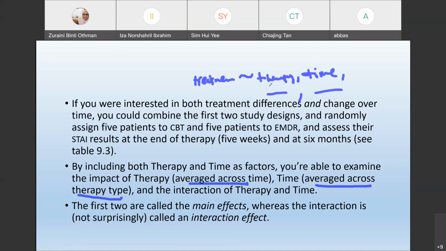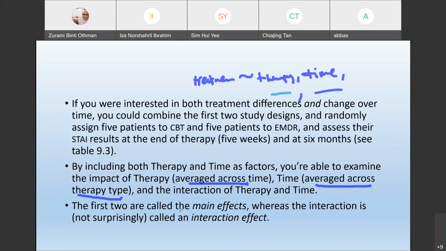Like previously, my example is course and CGPA here: average CGPA across course, something like that. We want to know, is there any significant impact?